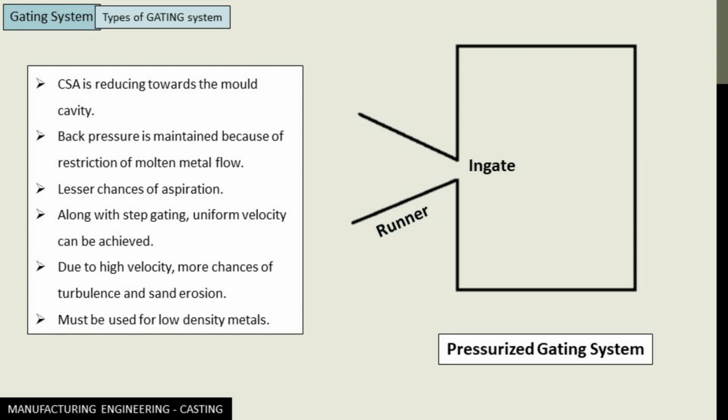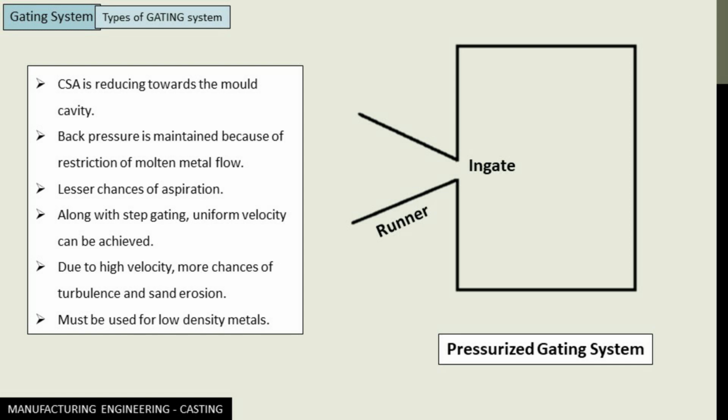That means we have maximum velocity in the ingate. The CSA, that is the cross-section area, is reducing towards the mold cavity, as you can see here, and hence back pressure will be maintained because there would be restriction of molten metal flow.